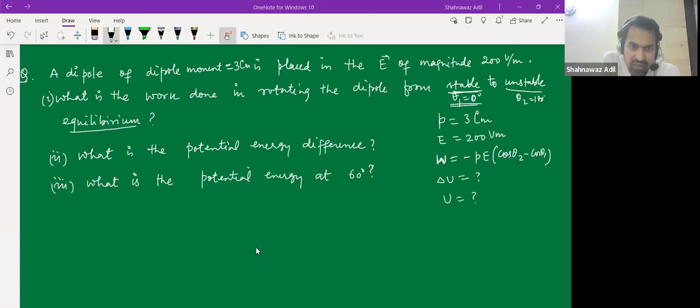In that test, I will ask potential and potential energy due to different distributions. In that way, your CBSE portion will be covered, and this portion will also be covered. You can find out how much you have prepared and which part you should work on. Tarif always takes that test, but Faiza, Chavez, sometimes you come and sometimes you don't.